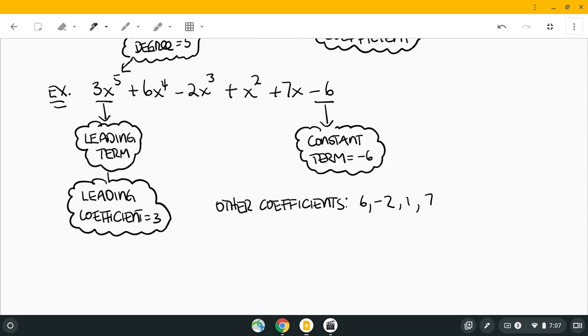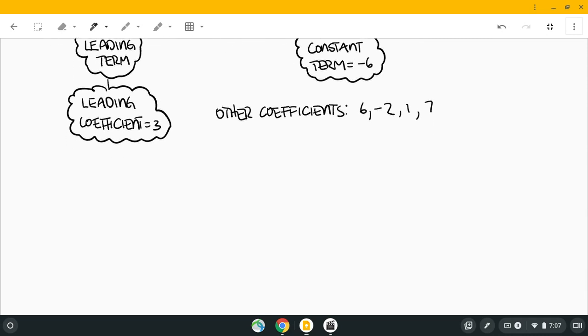Okay, so we are going to take a look at end behavior in this first video. What we're doing is eventually graphing these higher degree polynomials. You already know how to graph a line and a quadratic, a parabola.